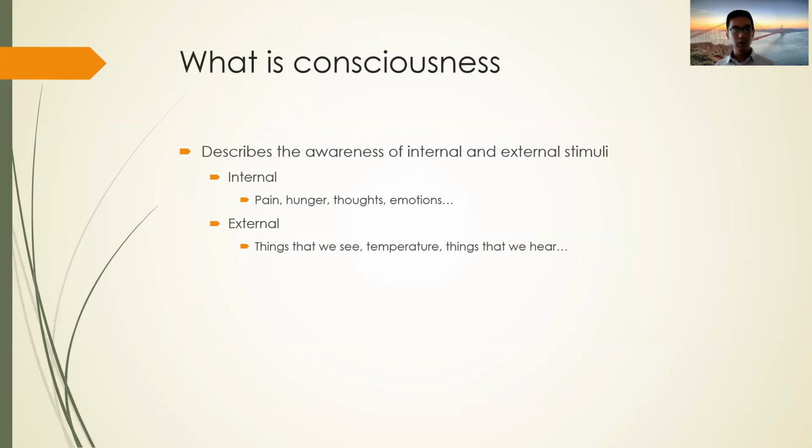So if we are conscious, we are aware of both internal and external stimuli. It means that we can know what happened inside and outside of our body when we are conscious.